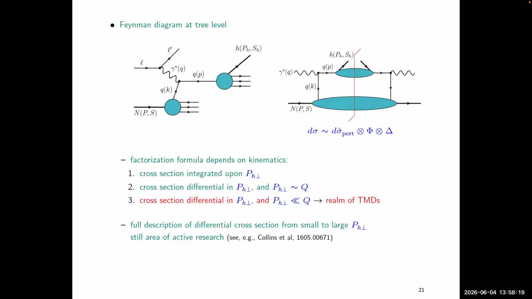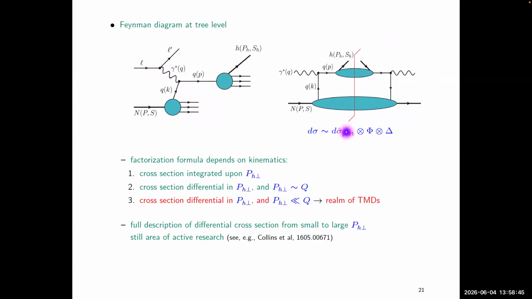So let's now take a closer look at the inner workings of that process. We have, again, like in inclusive DIS, electron or lepton scattering off a quark, and then this struck quark fragments into a hadron and unobserved stuff. This is at the amplitude level. We square that, and we then get this representation of the cross-section. Now, in this case, the cross-section has 3 components.